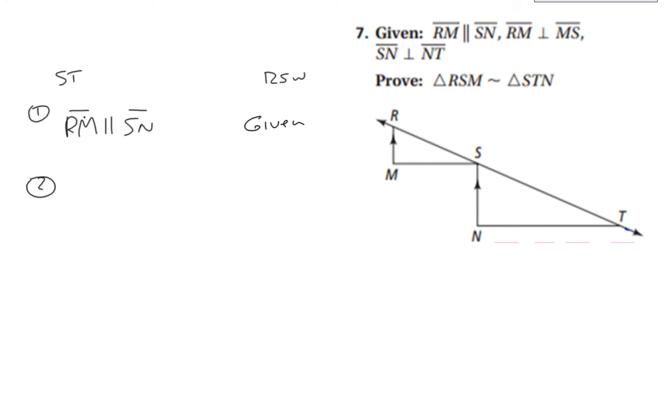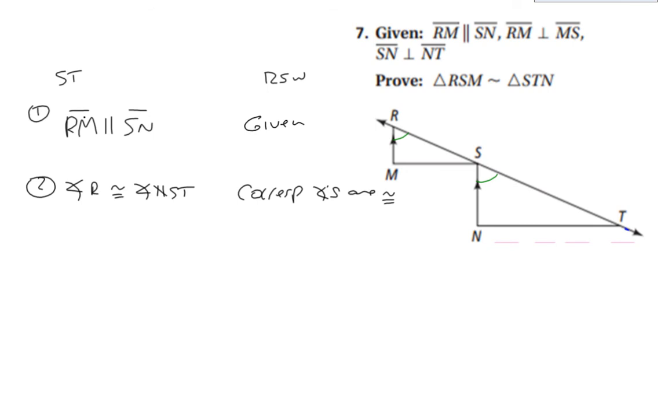I know that angle R is going to be congruent to angle NST. TSN makes no difference. We'll call it NST. Why? Because corresponding angles are congruent. When two parallel lines are cut by a transversal, they create corresponding angles that are congruent.